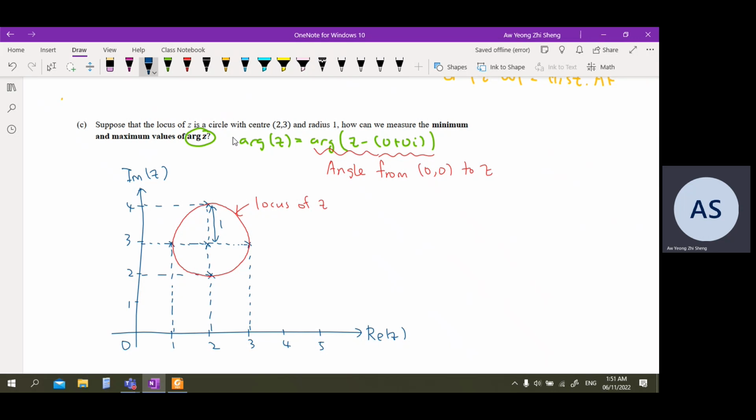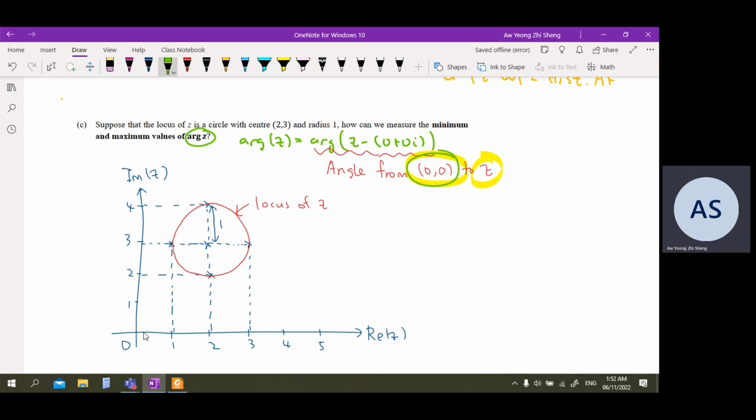Argument z, as interpreted just now, is the angle measured from origin to z. And z can be anywhere along the circumference of the circle. So there are infinitely many possible values for argument z, since z can be anywhere. But one thing for sure is that you must measure your angle starting from the origin.